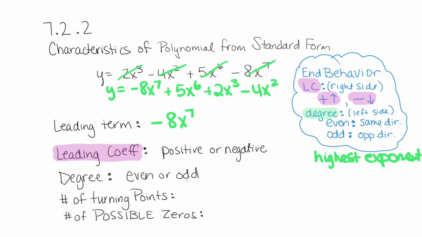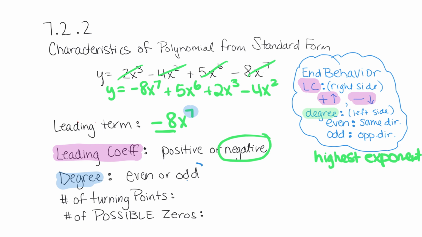All I need to look at is that leading term, because that leading term is going to give me my leading coefficient. Well, my leading coefficient in this case is negative, right? Because negative 8 is my coefficient. That would be a negative. Degree, now I'm looking at this guy right here, the exponent. So is 7 even or odd?